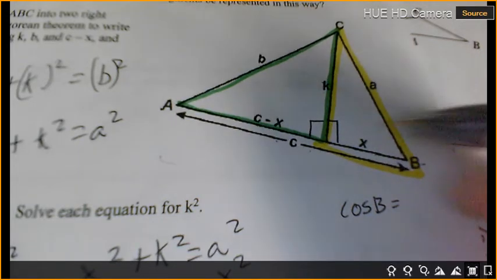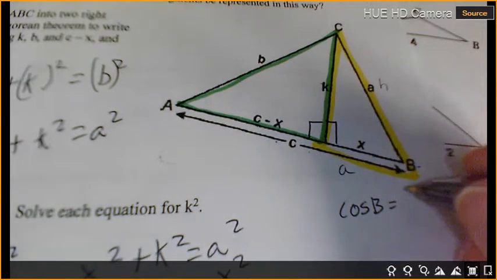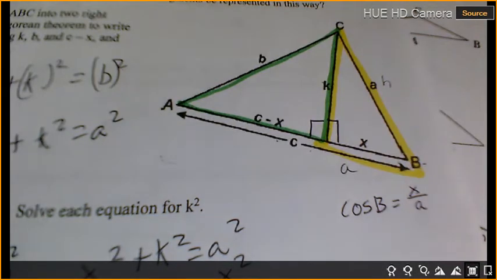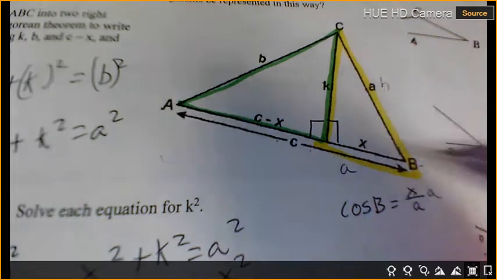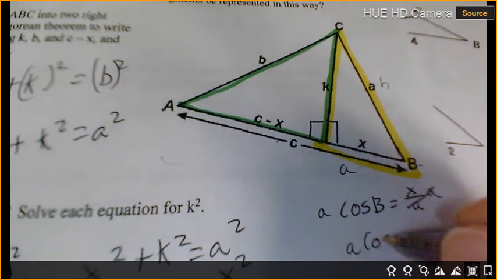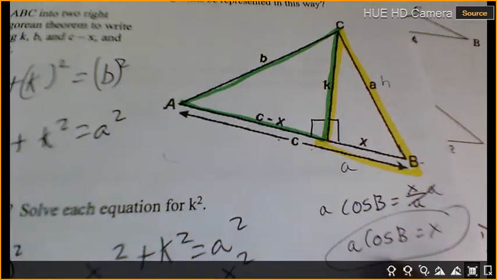The adjacent, and the hypotenuse is a. So we would have x over a. Okay, let's solve it for x. What would I do? You'd multiply both sides by a. So a cosine b equals x. So we're going to go back to the other side, and we're going to replace x with a cosine b.